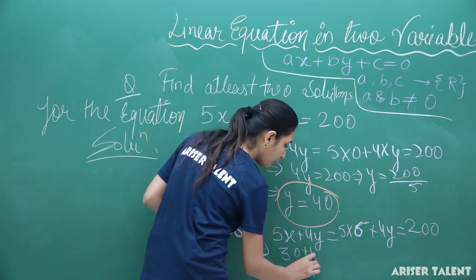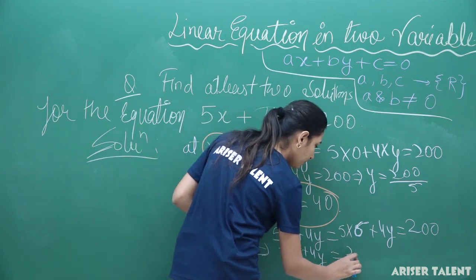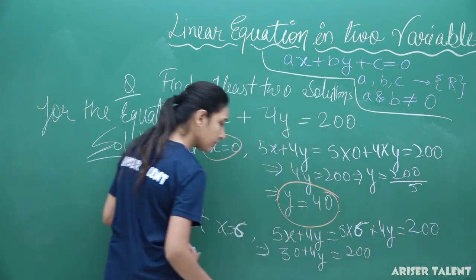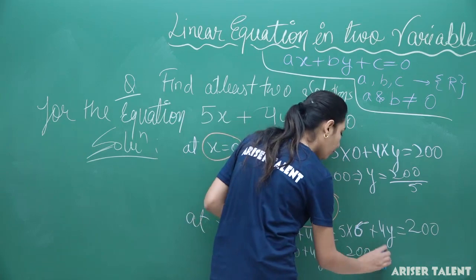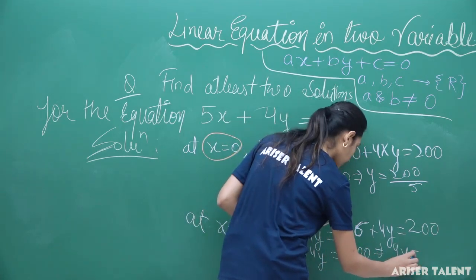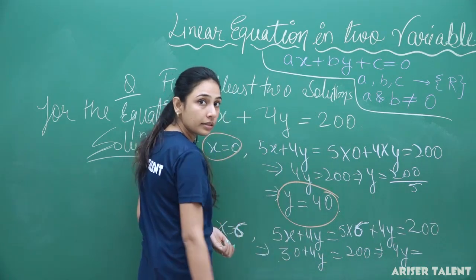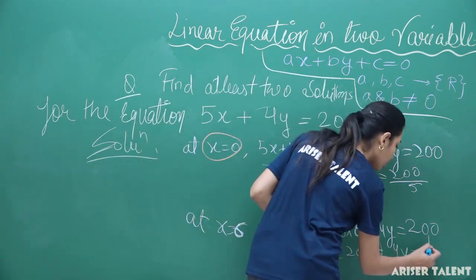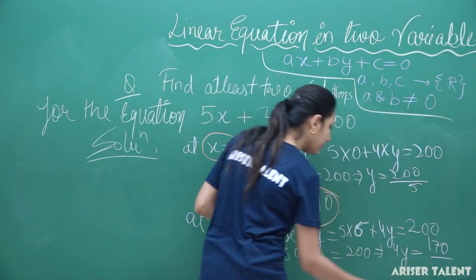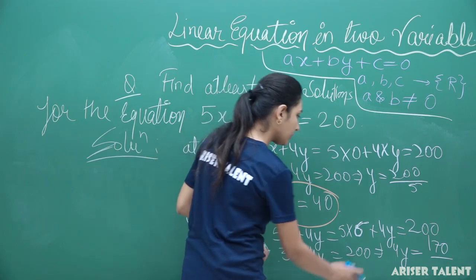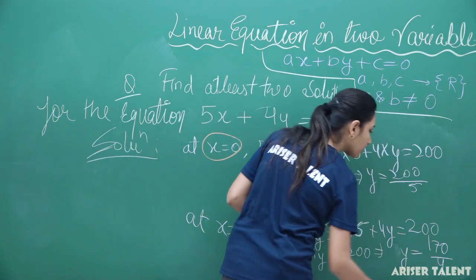So that will be 30 plus 4y equals 200, right. That will be 4y equals 200 minus 30, which is 170 for sure. So y is 170 by 4.